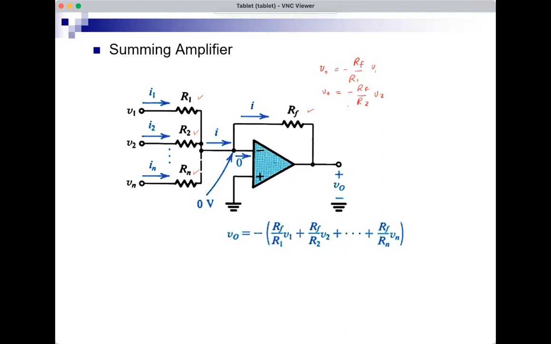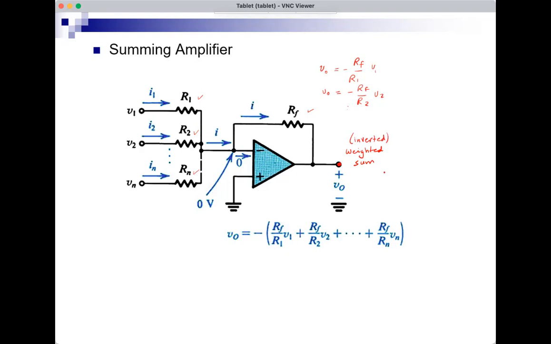And by superposition, if I have V1 and V2 and V3 and Vn, since the circuit is linear, the equations are all linear, I can sum all of these, minus Rf over Ri times Vi, and I get Vo equals minus (Rf over R1 V1 plus Rf over R2 V2 plus Rf over Rn Vn). So this means that the output here is the sum, or the weighted sum, of the inputs, but it's inverted.